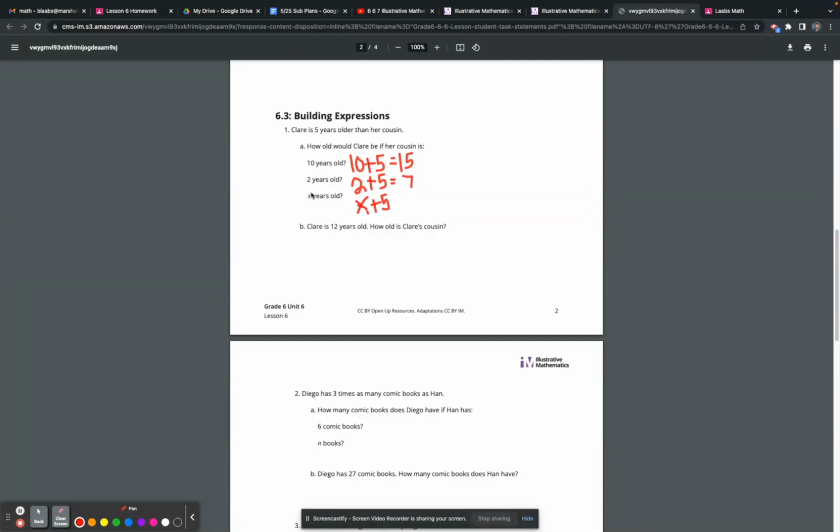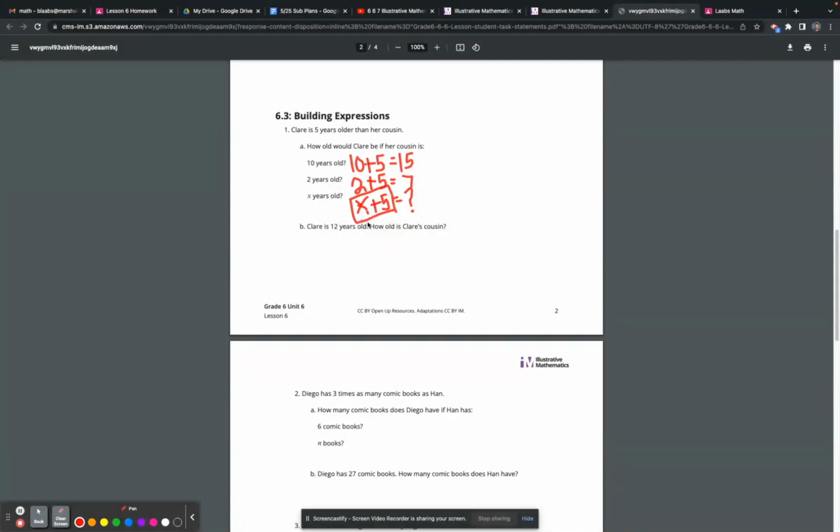So no matter what that number is, you're always going to add 5 years to that. And that's going to give you Claire's age. But we don't know what that is because we don't know what that X is. So that is actually our answer for that last one. Claire would be X plus 5 years old.